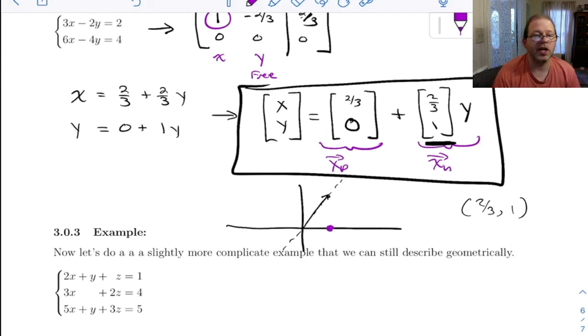So what we're doing is we're taking that line that's spanned by the black vector, and we're just going to translate it over to here. That gives us this line. That line is the solution set here. It's not a subspace. It's a subspace that's been translated by some amount. It's been translated by this amount.